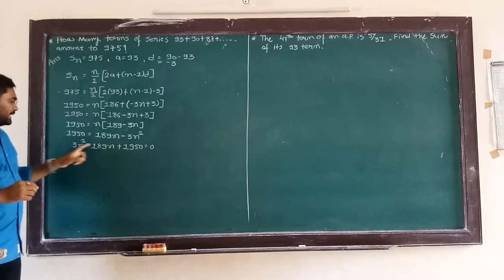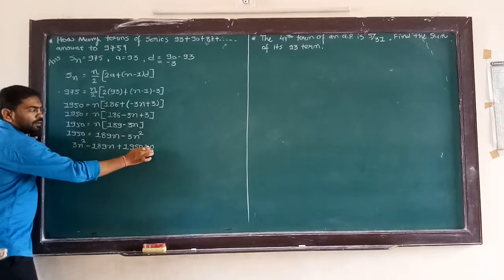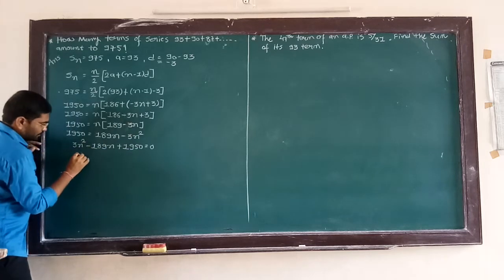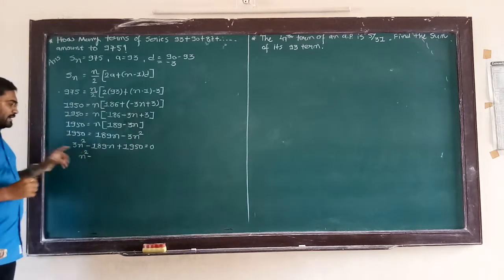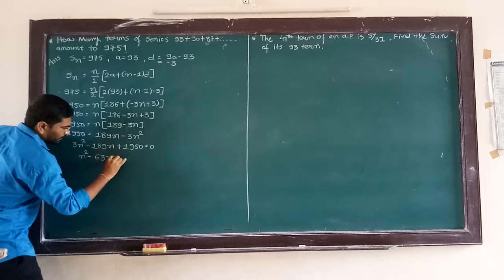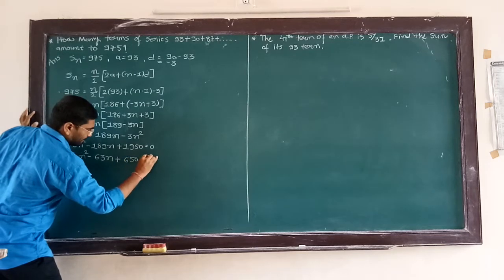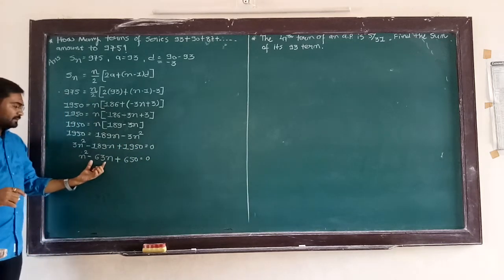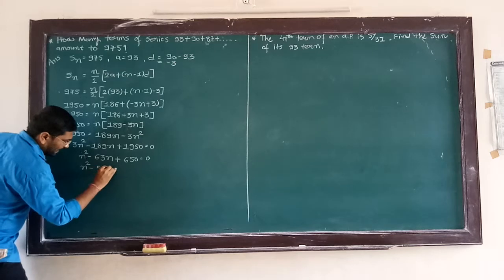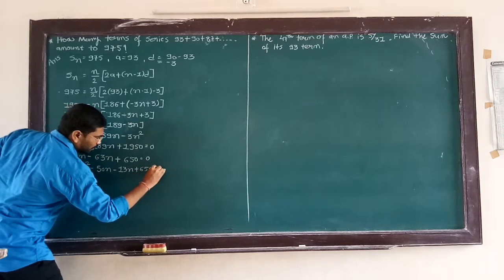See students, here 3 is common from all the terms. Now 0 upon 3 means 0, n square, minus 63n, plus 650 is equal to 0. Now split 63 into parts: n square minus 50n minus 13n plus 650 is equal to 0.